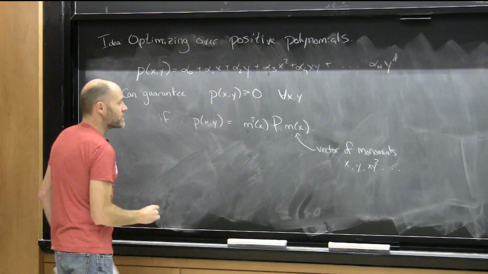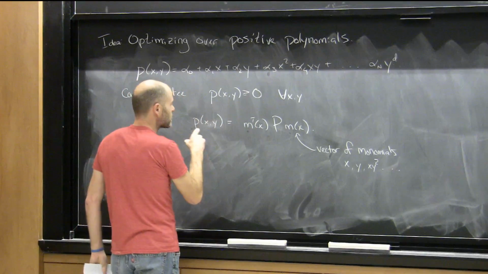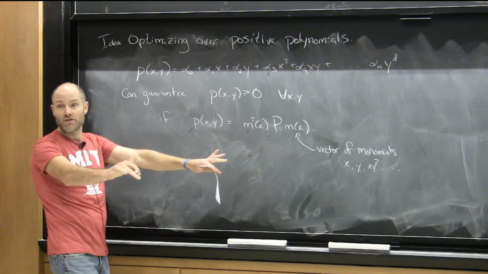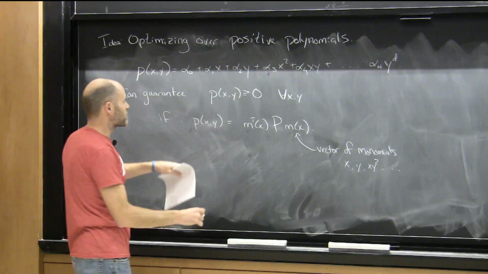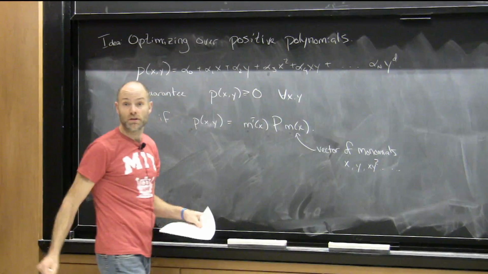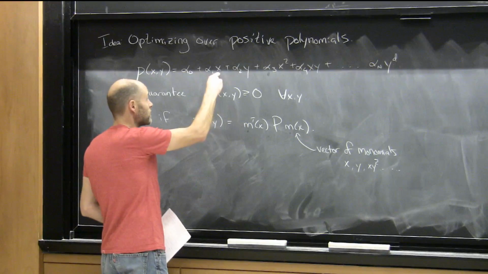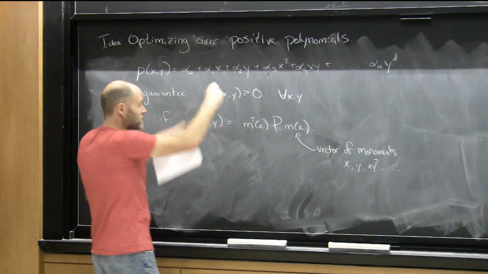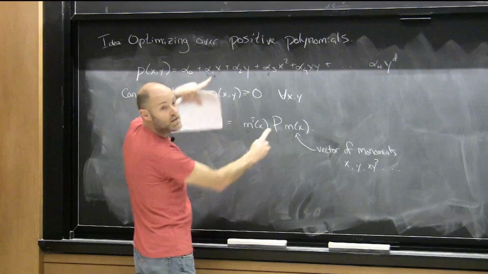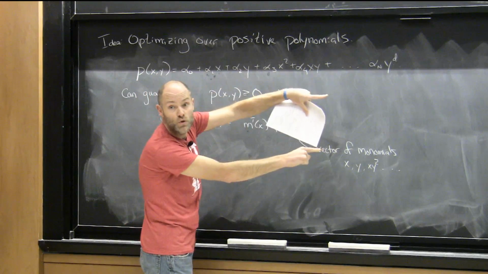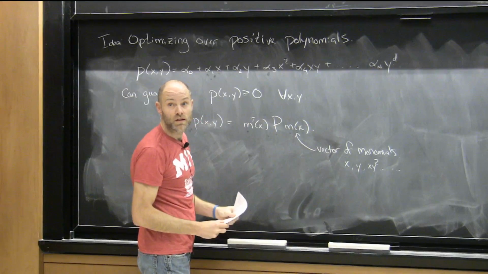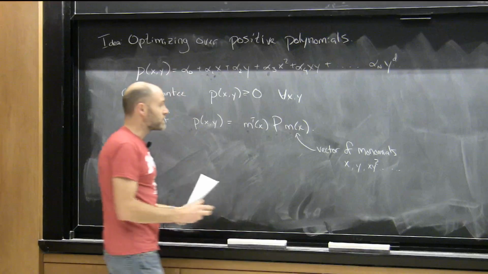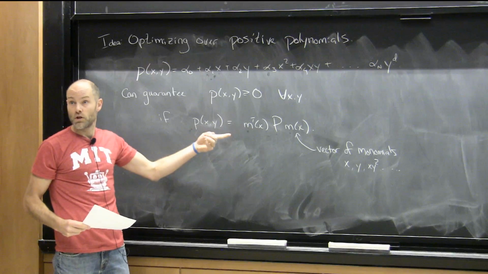And the nice thing about polynomials is that I can take two polynomials and ask if they're the same by just matching the coefficients. So if I collect all the terms that are multiplied by x, and the coefficient of that matches the coefficient of this, and I go through the list, and that's true for all of the monomials, then I've got equality. That's one of the important properties of polynomials that make this work.